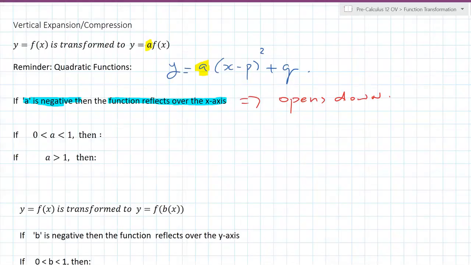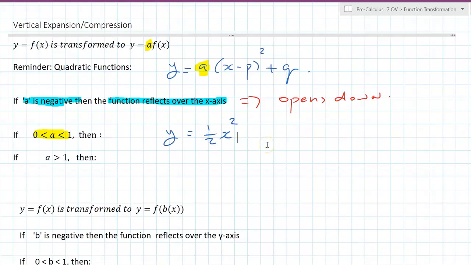All right. So now let's look at what happens if a is in between 0 and 1. That means it's a fraction. And you remember that too. If we had y equals 1/2 x squared, what the 1/2 does is make the vertical value of y shrink, or compress, by a factor of half.